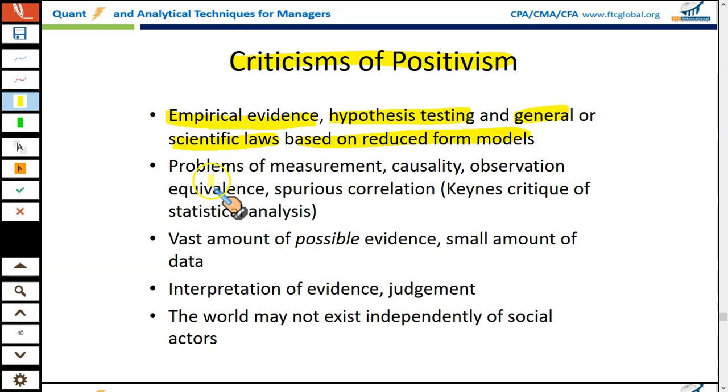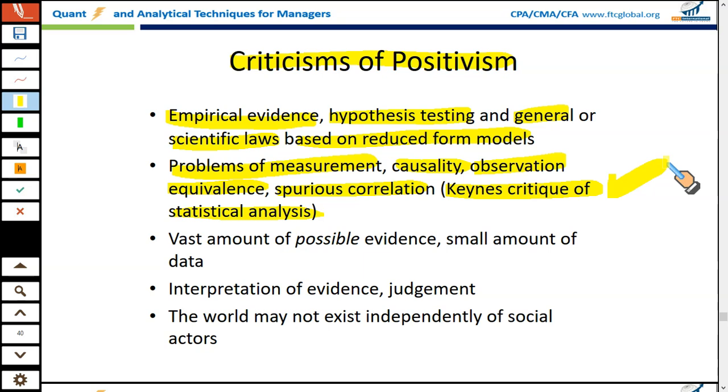The next is problems of measurement, causality, observation equivalence, spurious correlation. That's basically John Maynard Keynes' critique of statistical analysis. It says positivism faces challenges like accurately measuring what we intend to study, establishing cause and effect relationships, ensuring different observations are comparable, and avoiding false correlation.